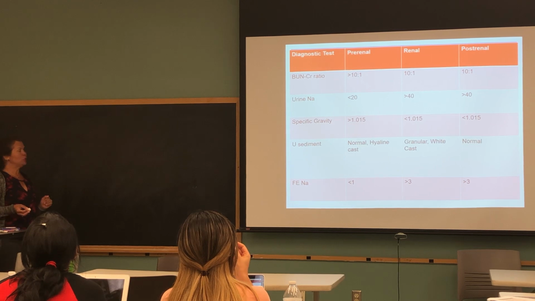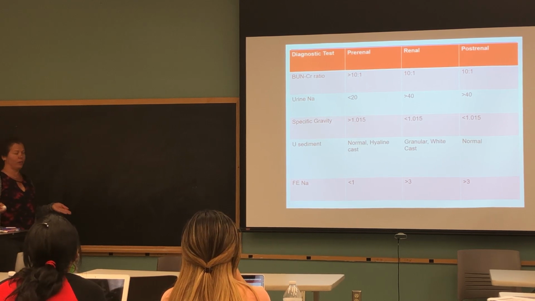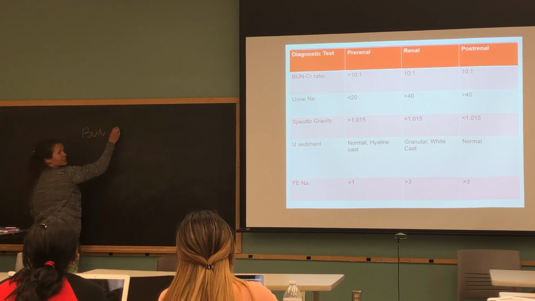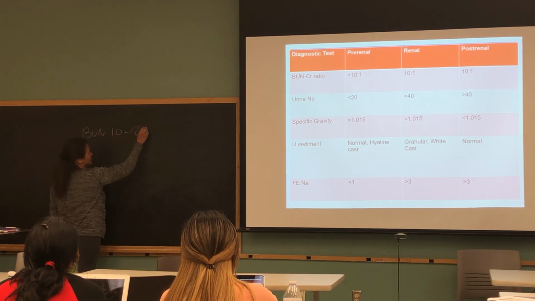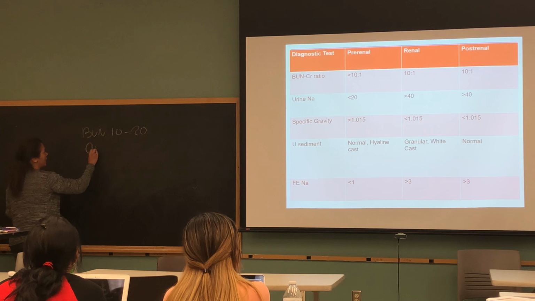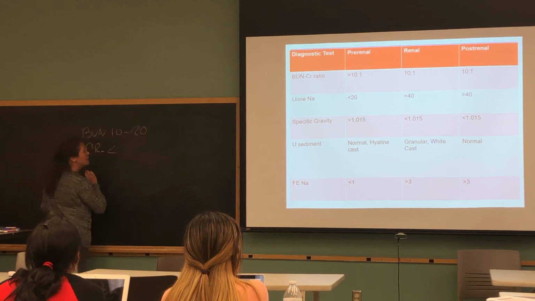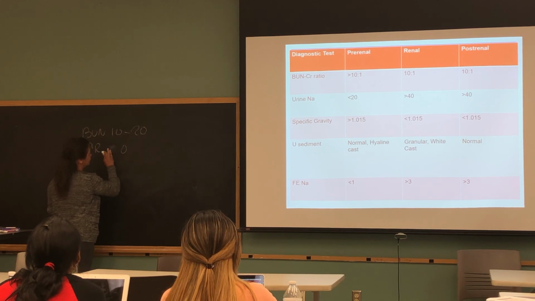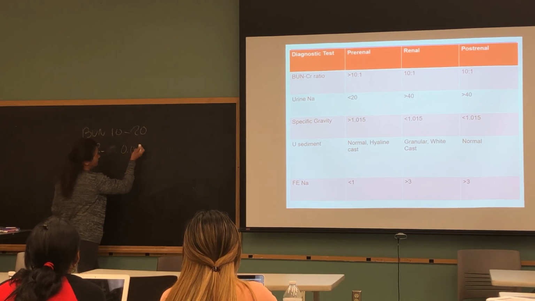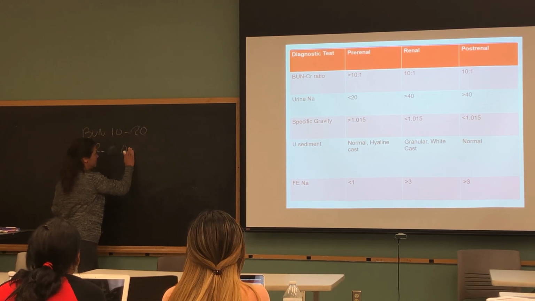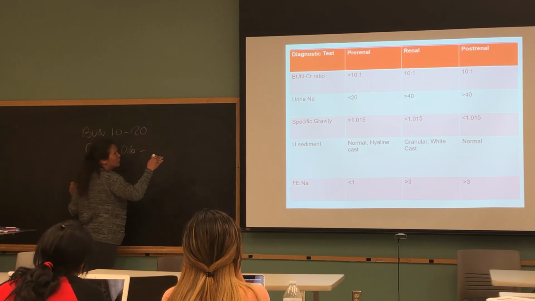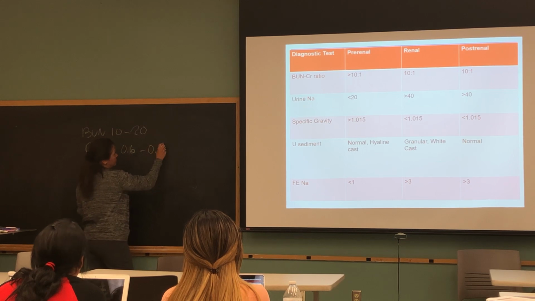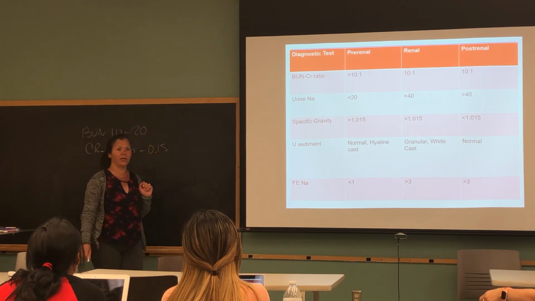Imagine that you have a patient coming in with, remember that your BUN value is 10 to 20, right? And your normal creatinine is less than 1.2, sometimes. Well, it depends. Sometimes in some hospitals it's up to 1.5. Put up to 1.5. Okay?